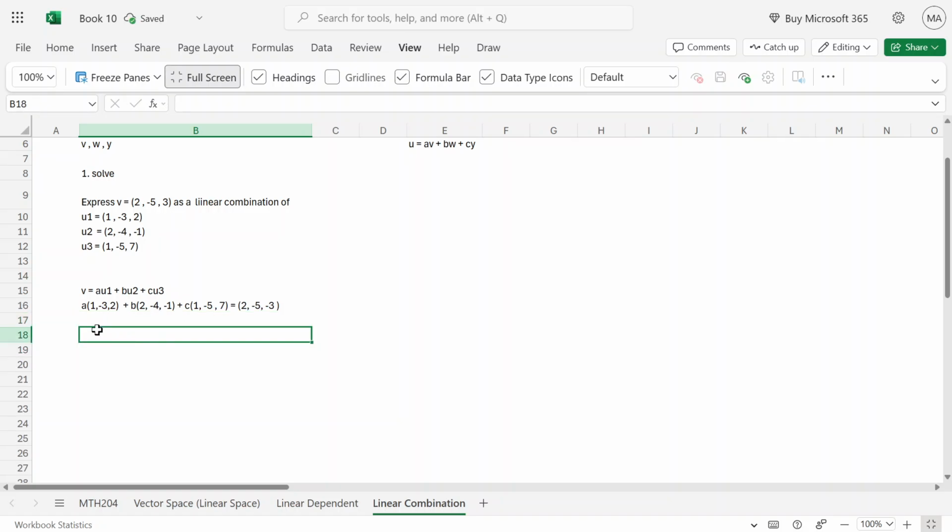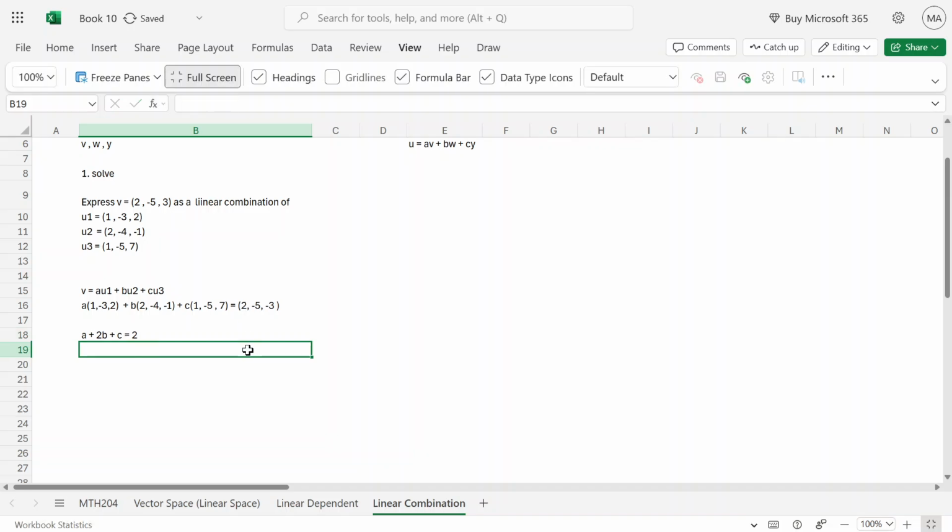So now let's write our equation. We have 3 values here, so we are going to have 3 different equations. For the first equation, we have a plus 2b plus c equals this first value, 2.